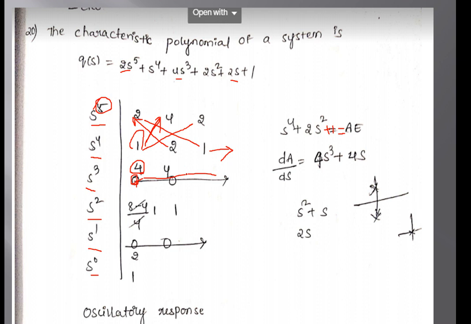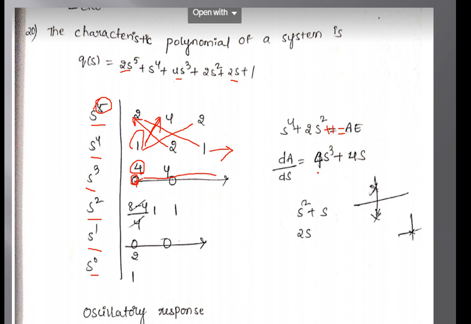So here I need to find out these values. In order to find these values, since you are getting a row of zeros, I need to find this quotient and this quotient, that is the s power 3 quotient and the s power 1 quotient. So in order to find that, I am differentiating the auxiliary equation. d by ds of s power 4 becomes 4s cube, and d by ds of 2s square becomes 2 into 2 is 4s, and d by ds of the constant 1 becomes 0.